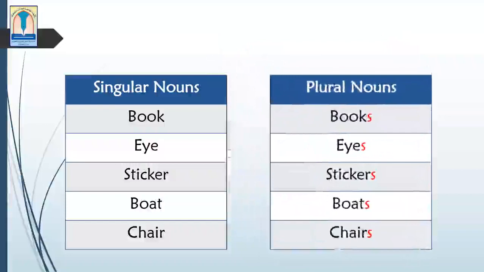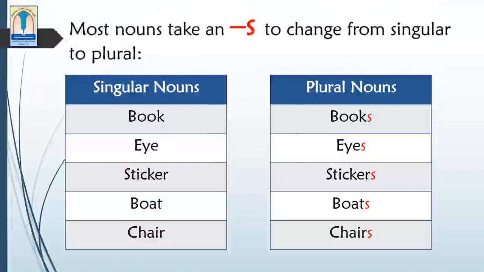Books, eyes, stickers, boats, chairs. What did we have to do? We had to add an S. Then, most nouns take an S to change from singular to plural. Is that all? No. Let's see more.